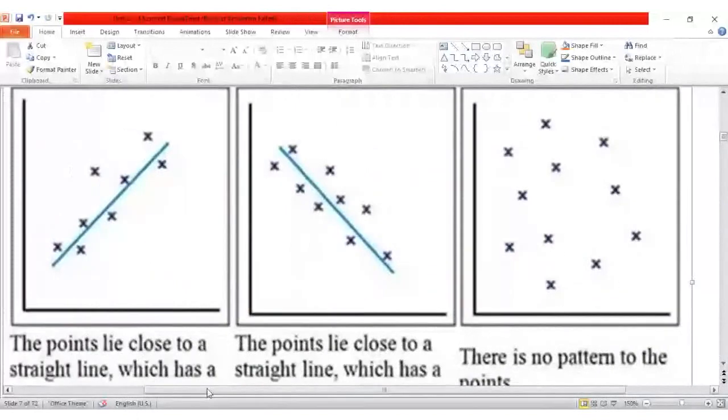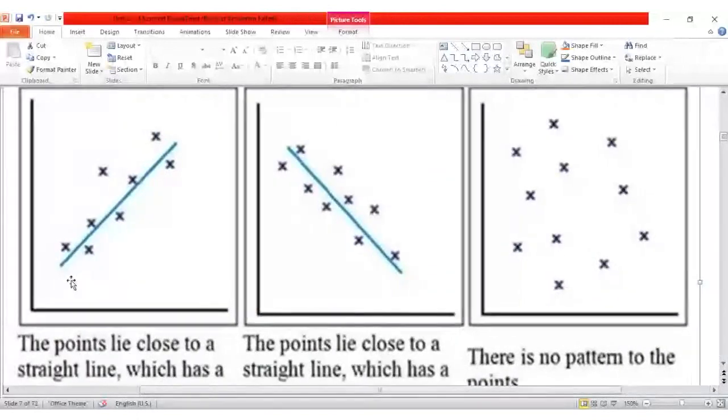With an increase in x value, y values are also increasing. If you see this kind of scatter diagram somewhere, your observation should be that an increase in x implies an increase in y also. Therefore, it is a positive correlation. The first diagram shows a positive trend or positive correlation.